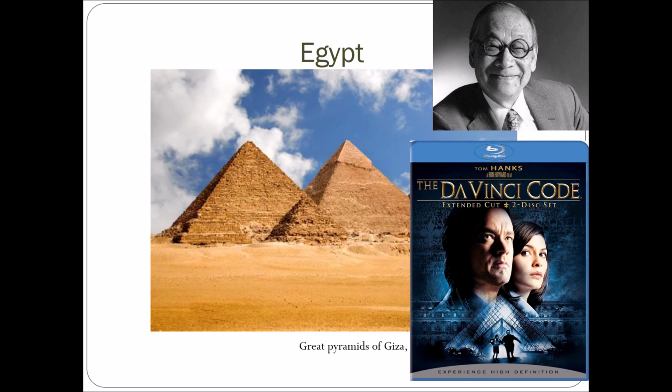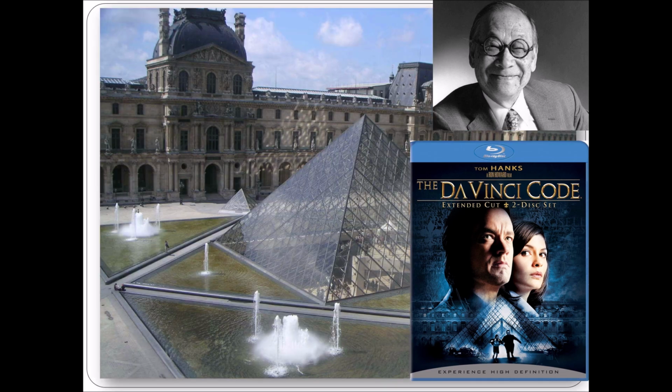And then we have Egypt, and the Great Pyramid of Giza, that inspired the architect who built the pyramid in front of the Louvre Museum, where the Da Vinci Code film took place. This kind of geometric form comes from the pyramid.